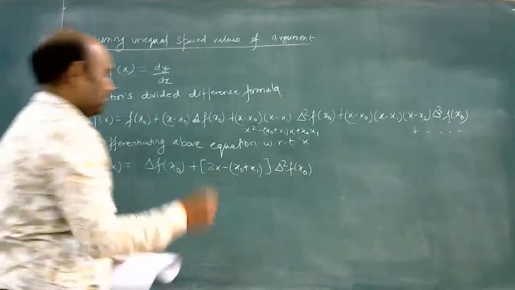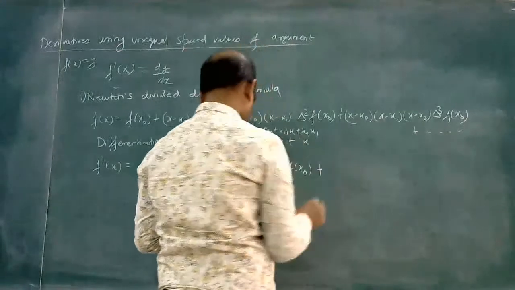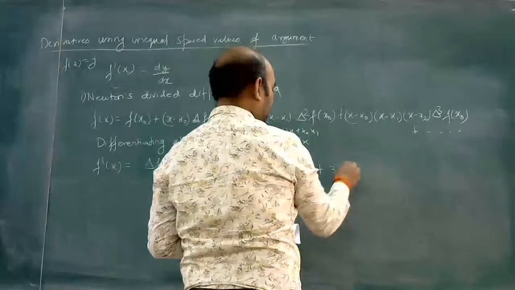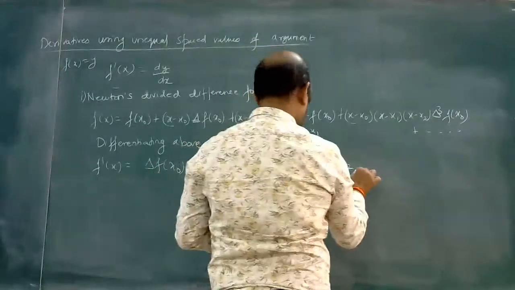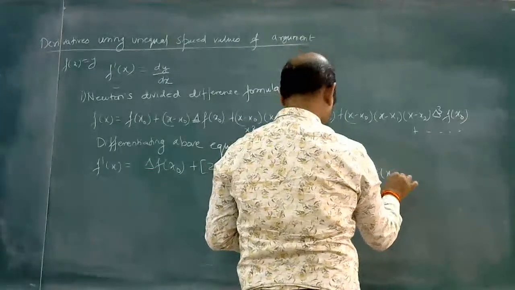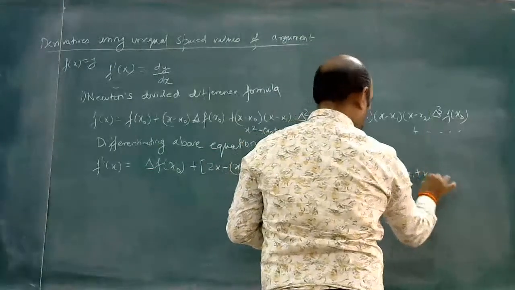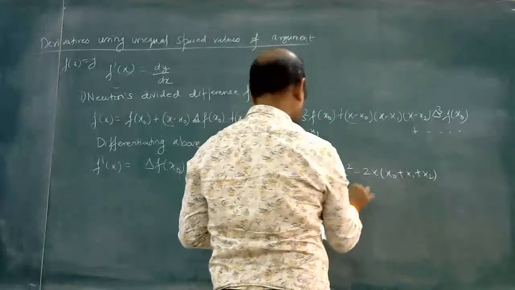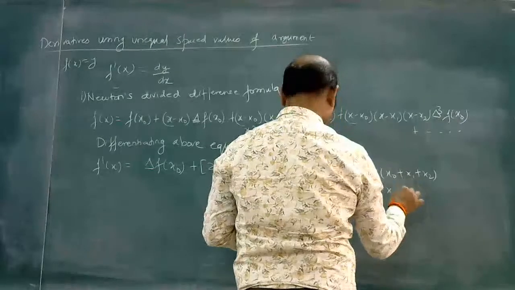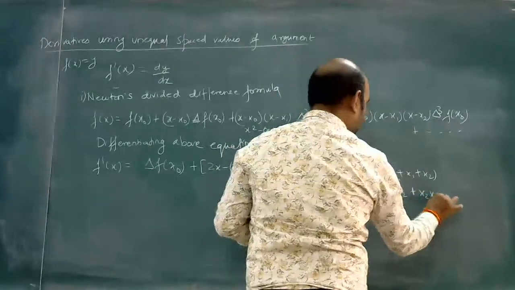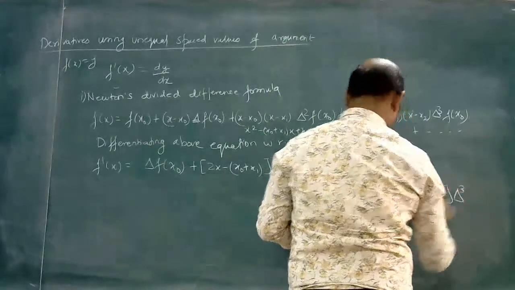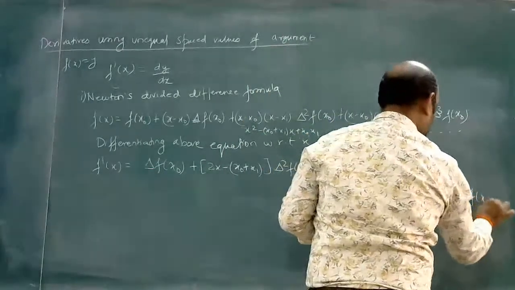Okay. So similarly, you can find the further values. This is 3x cube. Here you will get x cube. So this will be x square minus 2x x naught plus x1 x2 plus x naught x1 x1 x2 plus x2 x3, del cube of x.